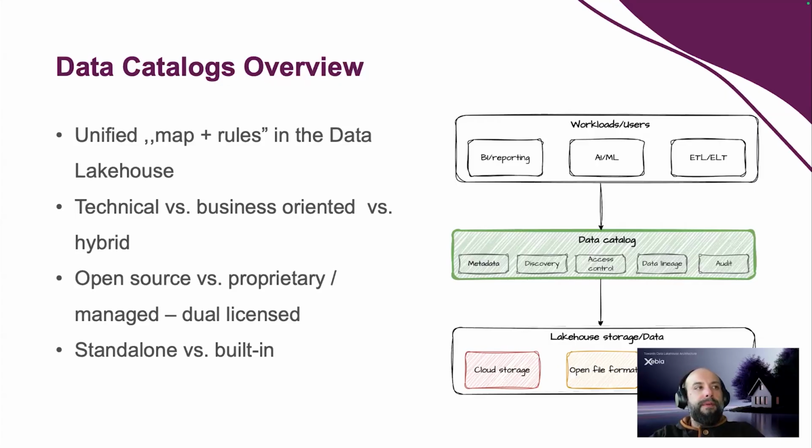We, of course, observe proprietary paid options that are, for example, part of cloud data platforms, like Unity Catalog in Databricks, and some third-party data catalogs that you can connect to any of your data platforms.